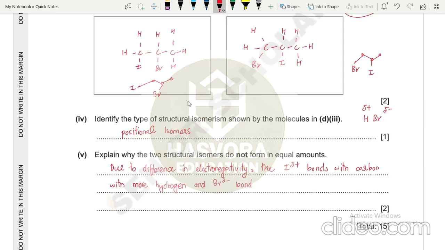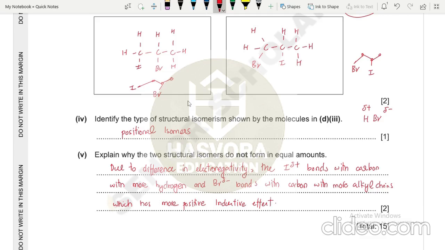bonds with carbon with more alkyl chains, which has more positive inductive effect.